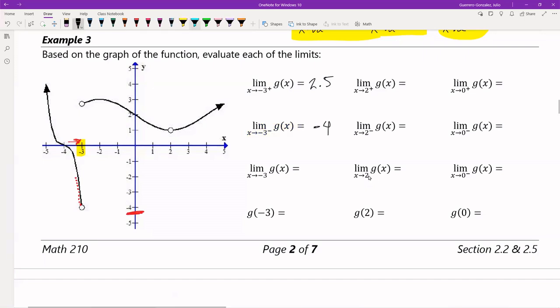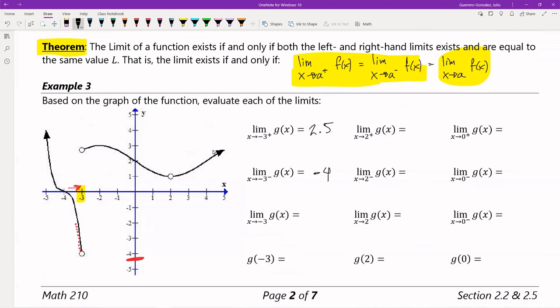Now we get to use the theorem that we have up above: the limit of a function exists if and only if the positive limit and the negative limit match. Since the positive limit is 2.5 and the negative limit is -4, this does not exist. And it turns out my function in and of itself does not exist either. If you take a look at the graph, both are open circles, so it's not defined at -3. Okay, moving on.